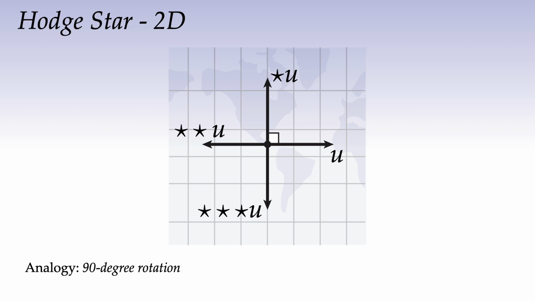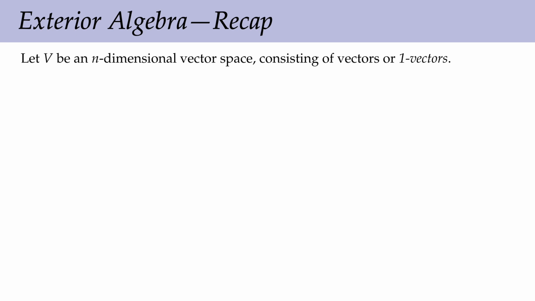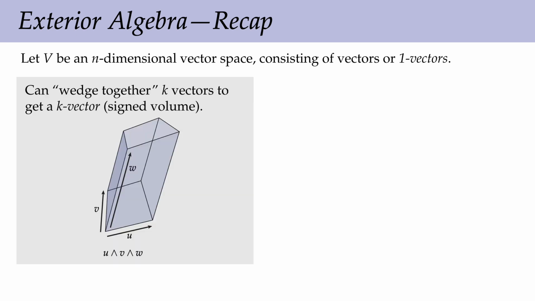Okay? So just to recap, the whole idea of exterior algebra is we start with a vector space V, let's say it's n-dimensional, and this vector space contains just ordinary vectors, which now we're giving a slightly fancier name, a one vector. Okay? We can wedge together k of those vectors to produce a k vector, which is kind of a little signed volume, a little oriented volume.